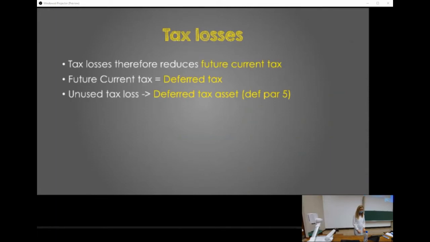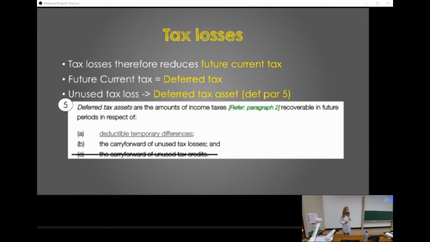Now, what we see now is that tax losses reduce my future current tax. And we know that future current tax is actually deferred tax. That's also why, if you look at the definition of a deferred tax asset in paragraph 5, you will see that it says a deferred tax asset is the amounts of income taxes recoverable in future in respect of, and then we looked at deductible temporary differences in our previous lectures.